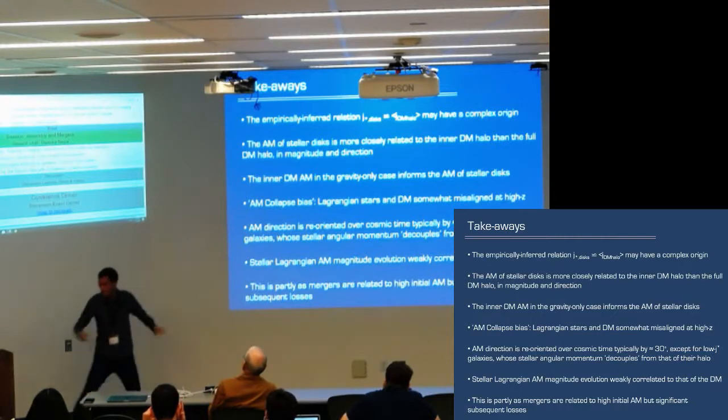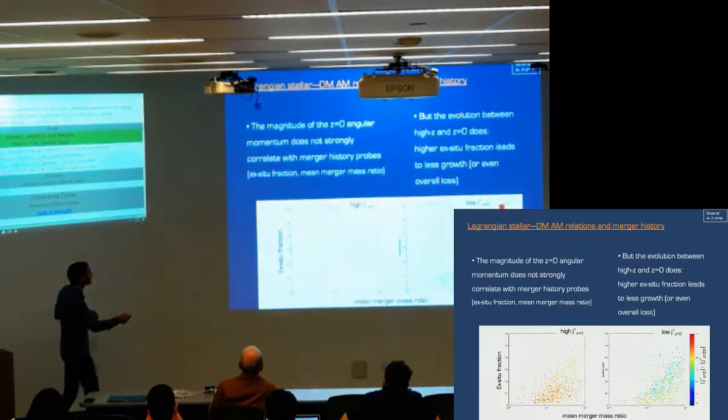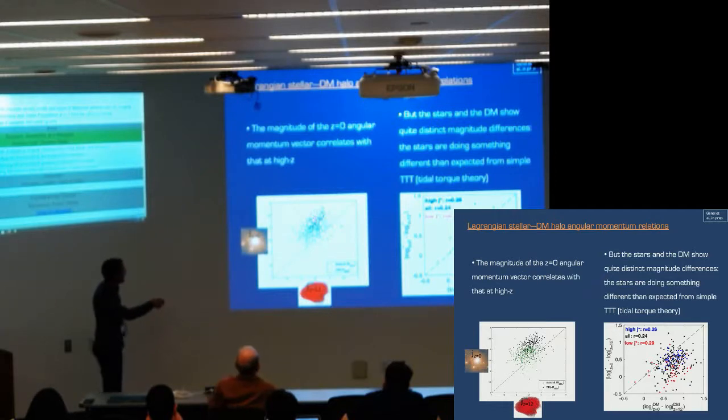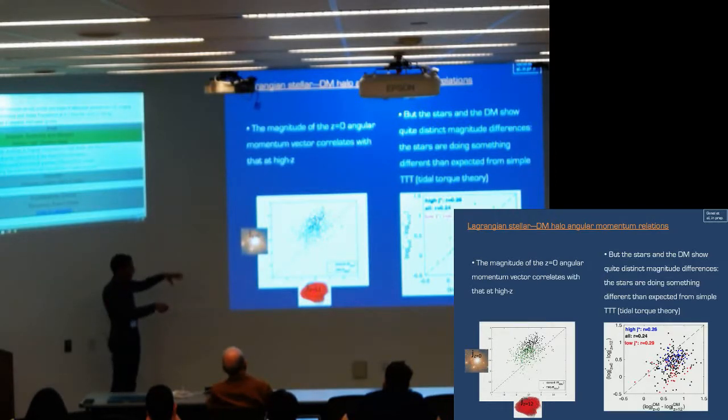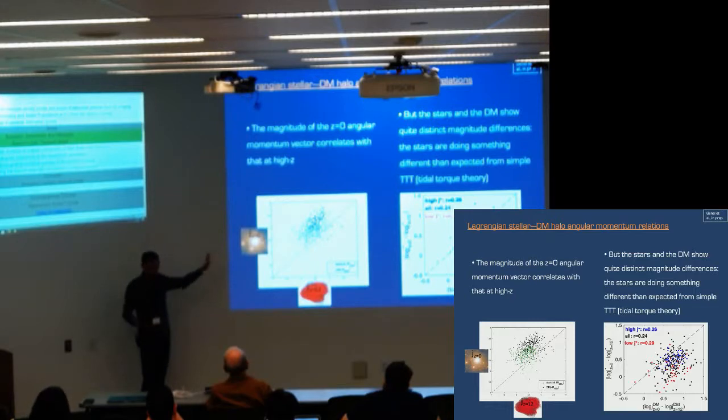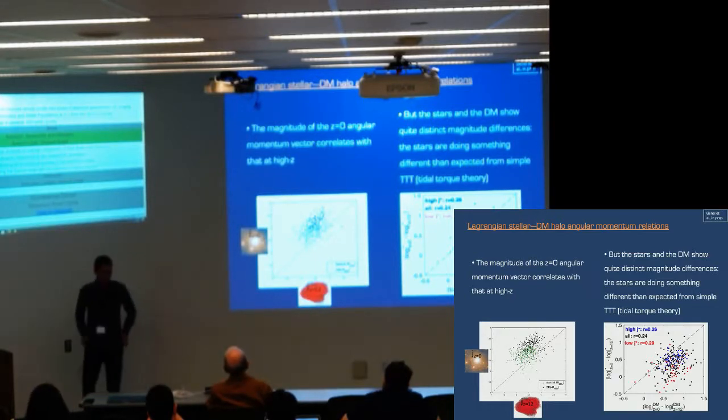The overall magnitude difference between now and high redshift is actually consistent with the growth in the linear regime if we assume a turnaround time of roughly redshift 2 or so. So in that sense, this overall magnitude is consistent with tidal torque theory.